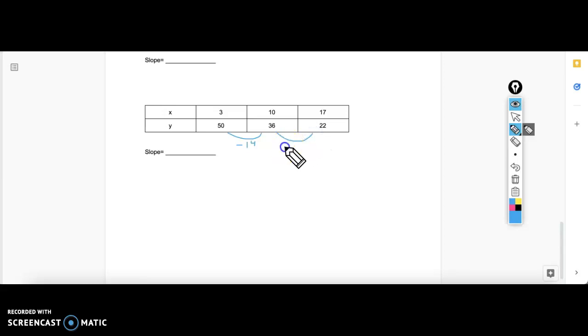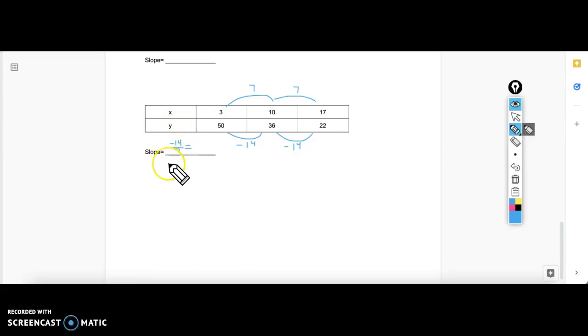Same thing from 36 to 22, I'm going to subtract 14. This is my change in y. So now I'm going to find my change in x. Well, in this case, they're getting bigger again. So from 3 to 10 is 7. From 10 to 17 is 7. So I have my change in y, which is negative 14, my change in x, which is 7.